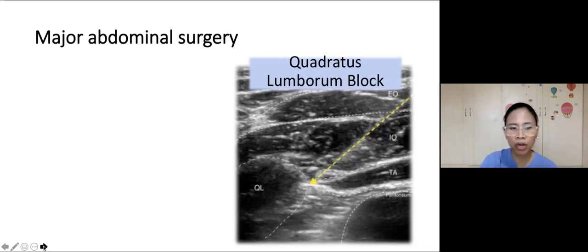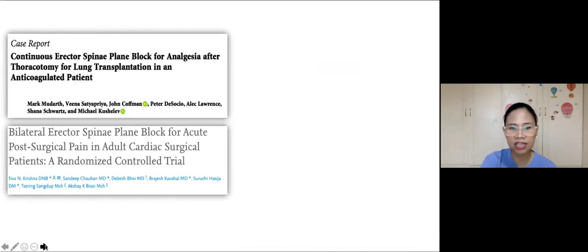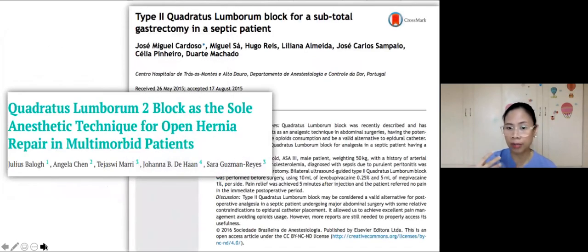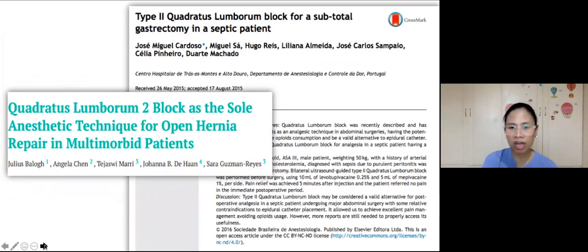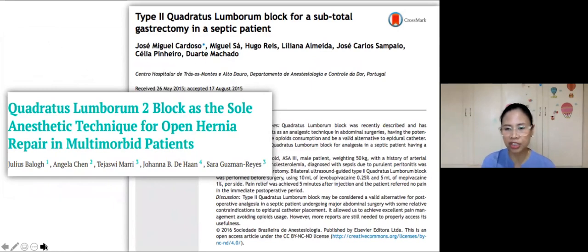Okay, so according to these papers, either block would be successful in managing patients who are high risk for major abdominal surgery, because like I said earlier, when you supplement your inhalational anesthetic with a block, then you need a lesser volume of your inhalational, and the dose of your opioid is also decreased, leading to more hemodynamic stability during the surgery.